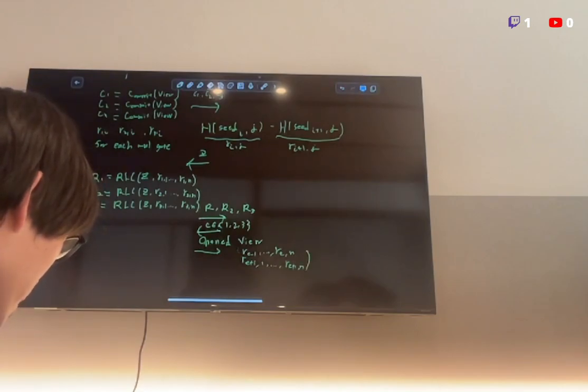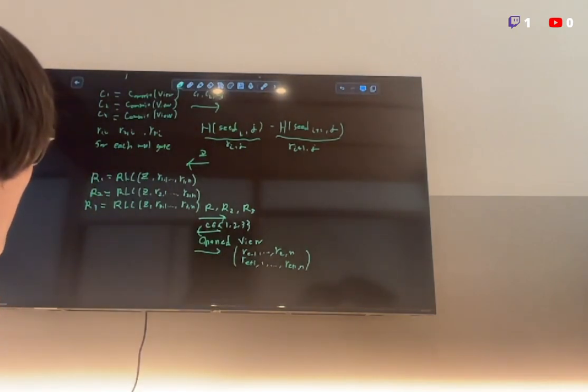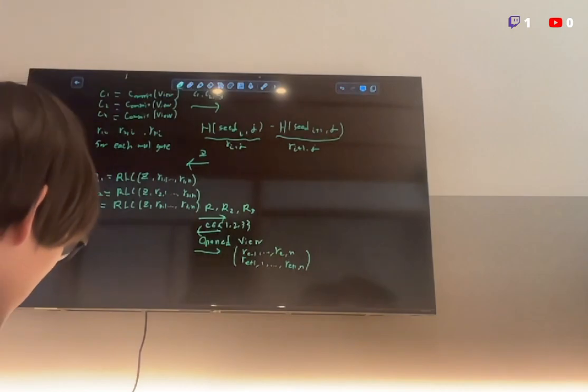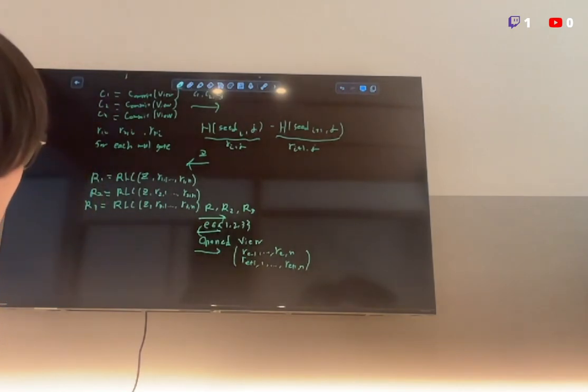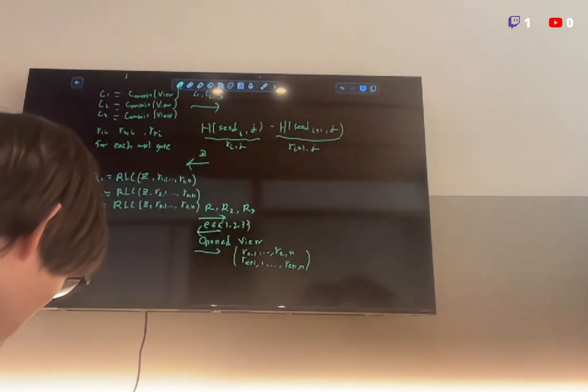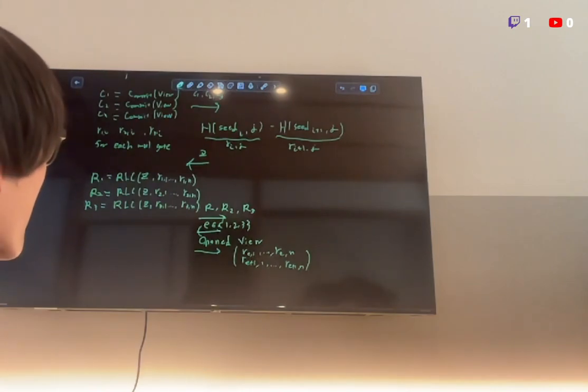So it also opens the randomness as a part of the proof. What is e? Sorry. e is the challenge value, 1, 2, 3. Okay, so they open two players' randomness.